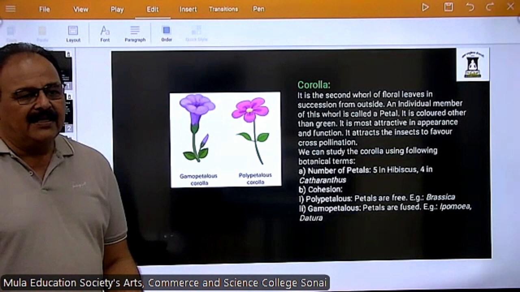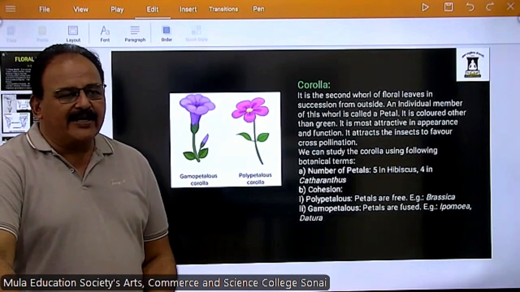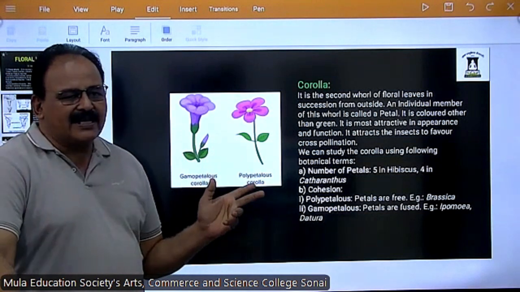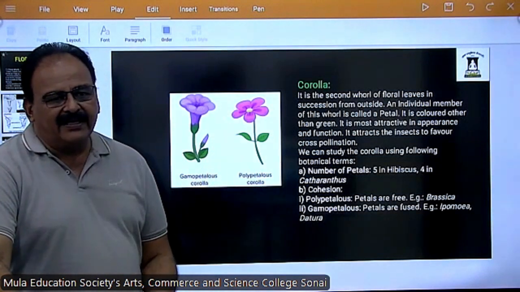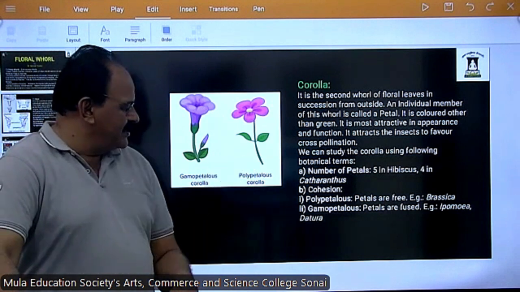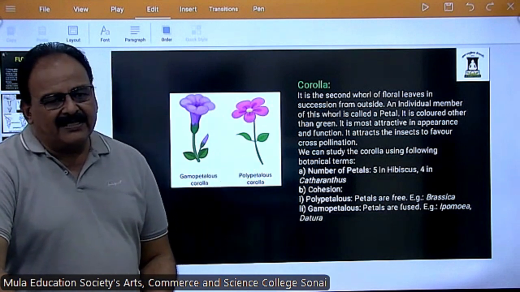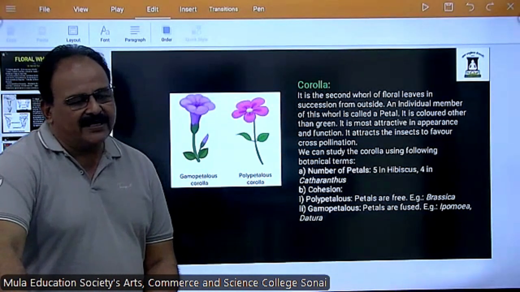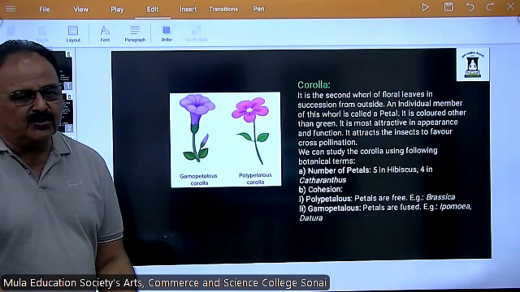The petals may be united or they may be free. When they are united, they are called gamopetalous. When they are free, they are called polypetalous corolla. Example of polypetalous corolla is brassica, and gamopetalous corolla is ipomoea or datura.